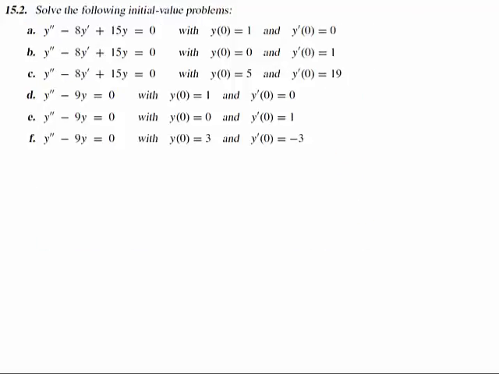Now I'm going to do just this one initial value problem to show you how to handle finding the two constants in the initial value problems. So characteristic equation. So we write our solution.